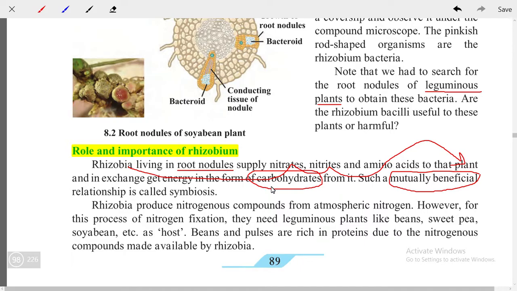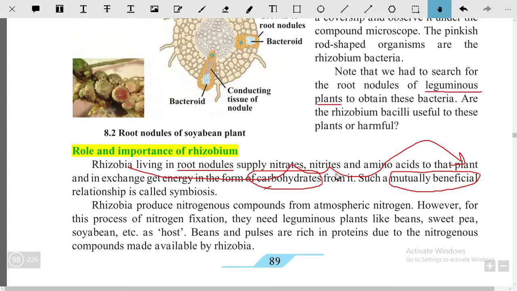The carbohydrate from the plant. वनस्पतीपासून कार्बोहायड्रेट घेतो. म्हणजेच rhizobium is dependent on the plant and the plant is dependent on the rhizobium for nutrients. त्यांचे एकमेकांचे पोषणद्रव्य घेण्यासाठी, जगण्यासाठी ते एकमेकावर अवलंबून असतात. And that is a mutual beneficial relationship, called symbiosis. त्याला सहजीवन असं म्हणतात. कळलं?